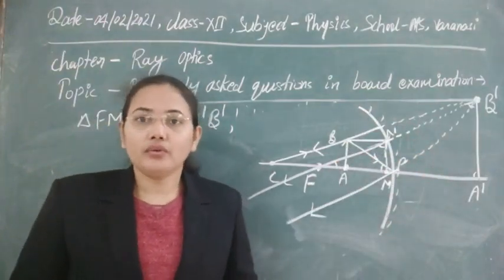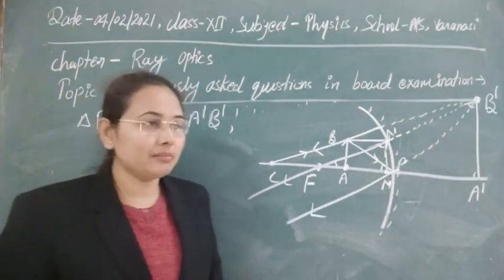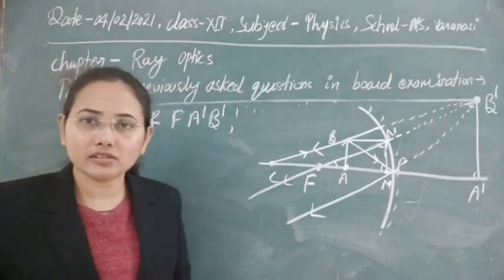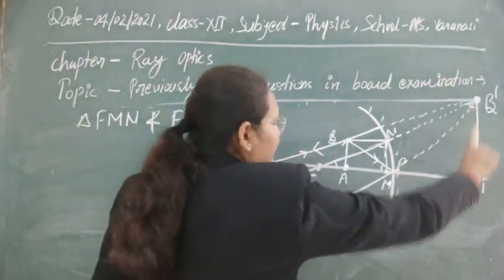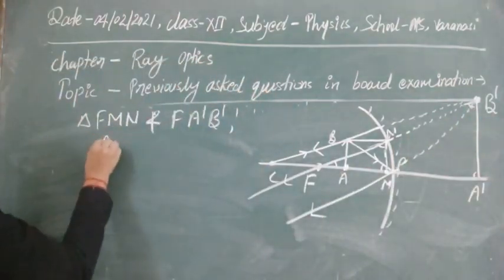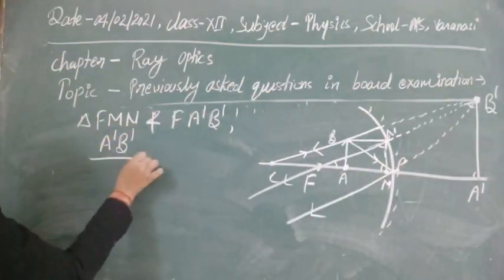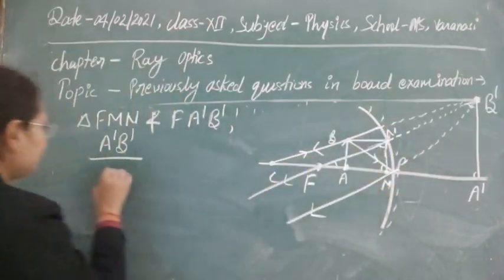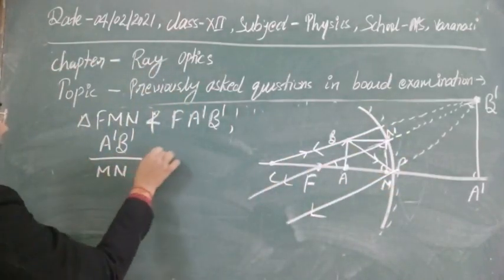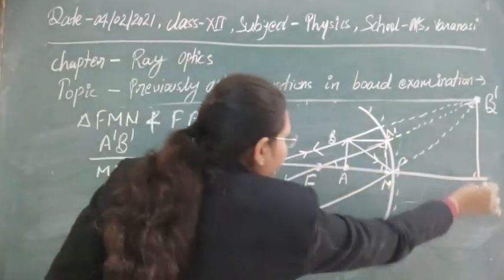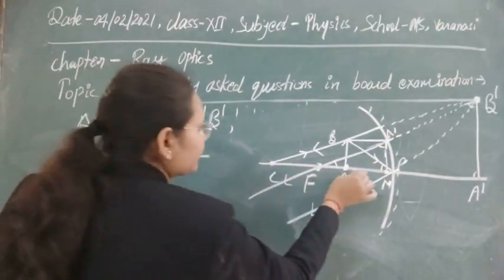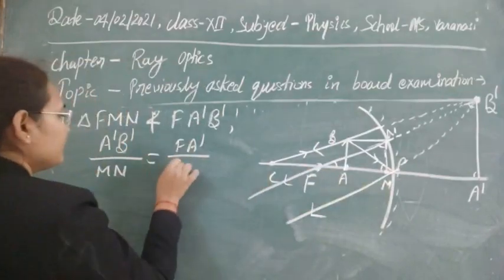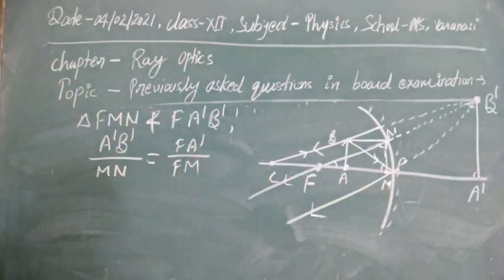So we can now use the property of similar triangles, which means we can take the ratio of the adjacent sides. So A dash B dash divided by MN will be equal to the distance FA dash to the distance FM.